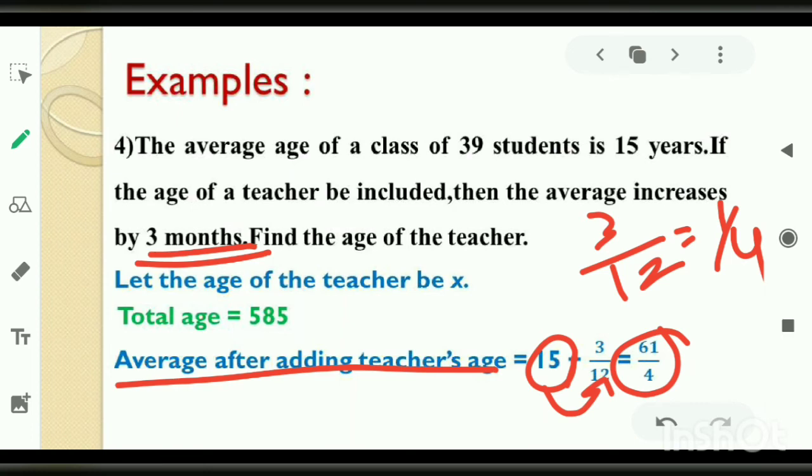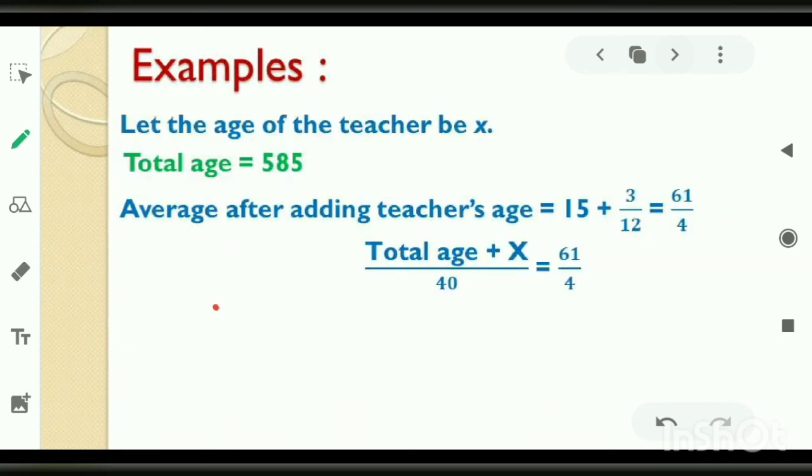Now, we have to substitute in the formula for average. What is the formula? The total age divided by 39? No, 40. Why? Because we are adding the teacher. Already 39 students, 39 plus 1 is equal to 40. The total number of people is 40. Now, the total age is nothing but the total age of students plus the age of the teacher. The total age of students we have found as 585.